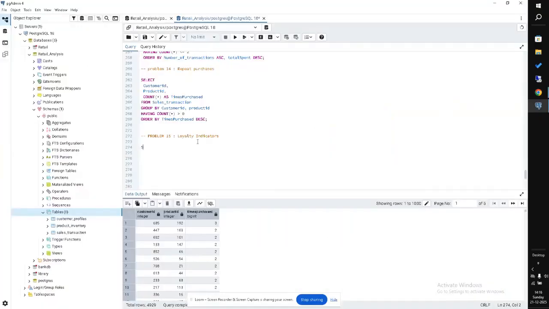I will be using select customer ID, and here I'm also using first value of transaction date over partition by customer ID order by transaction date in ascending order as first purchase.